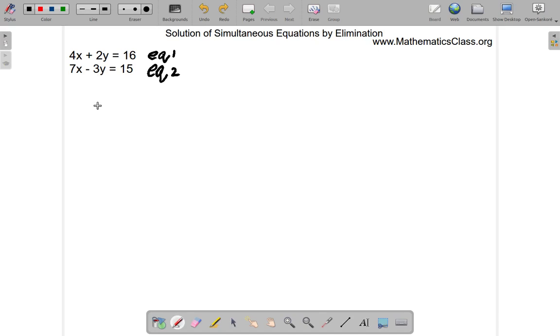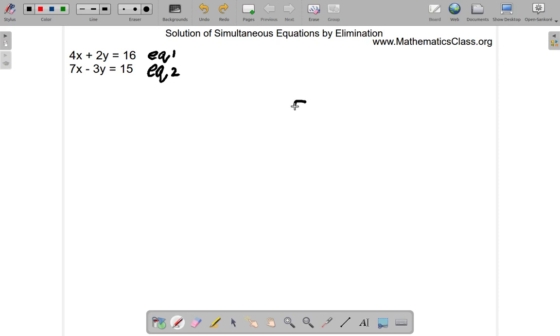What we could do is form two new equations, and those two new equations will have the same number of y. One could be negative, one could be positive, but as long as we have the same number of y, we could eliminate them, right?